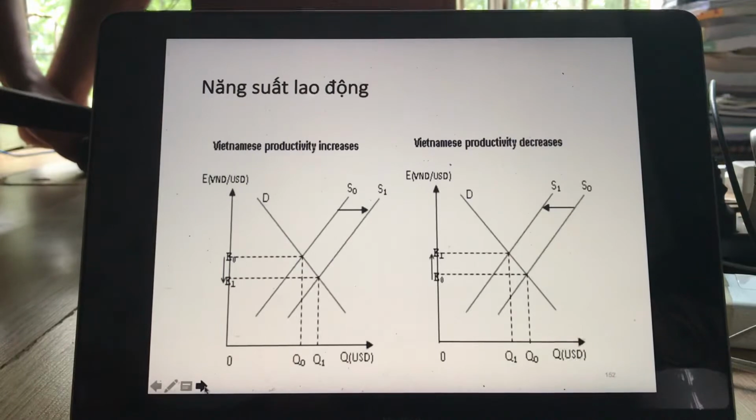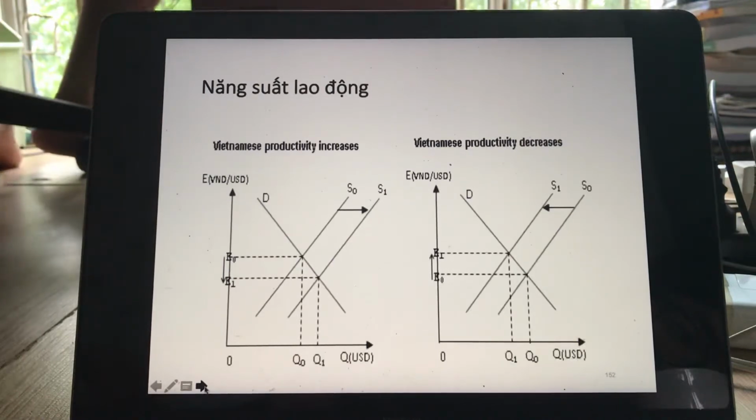When we improve our productivity, we can lower the cost or the price of products. When the price of Vietnamese products becomes relatively cheaper, we can export more. Thank you. In this case, we export more, so it shifts the supply curve to the right, and it reduces the exchange rate.